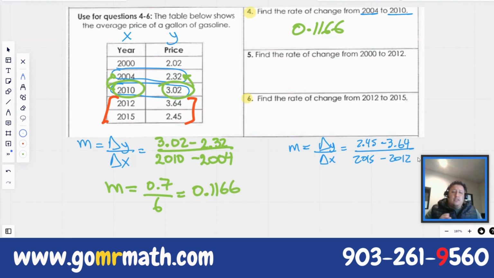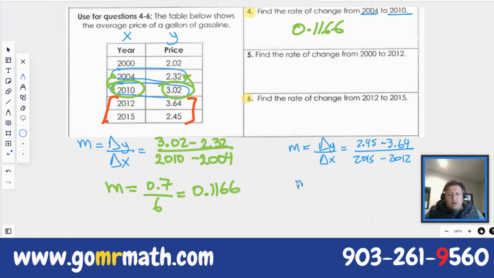Pay attention that in 2012 it was 3.64 and in 2015 it was 2.45. Which means the rate of change should be negative, because between these last 3 years, from 2012 to 2015, the price of a gallon of gasoline was decreasing.